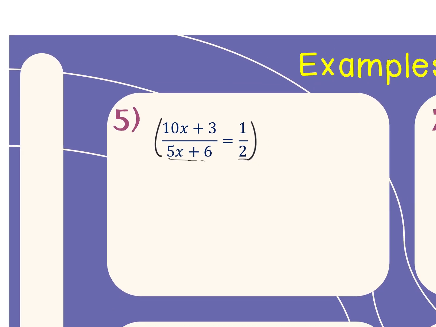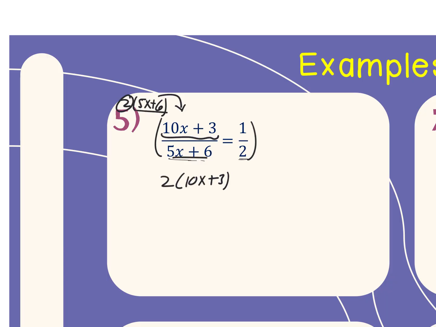So I'm going to multiply this entire equation by 2 and a 5x plus 6. And when I multiply it to this expression, hopefully we see this 5x plus 6 and this 5x plus 6 are going to cancel out. So those cancel out, that cancels with this, and the only thing I'm left with is a 2 and a 10x plus 3.